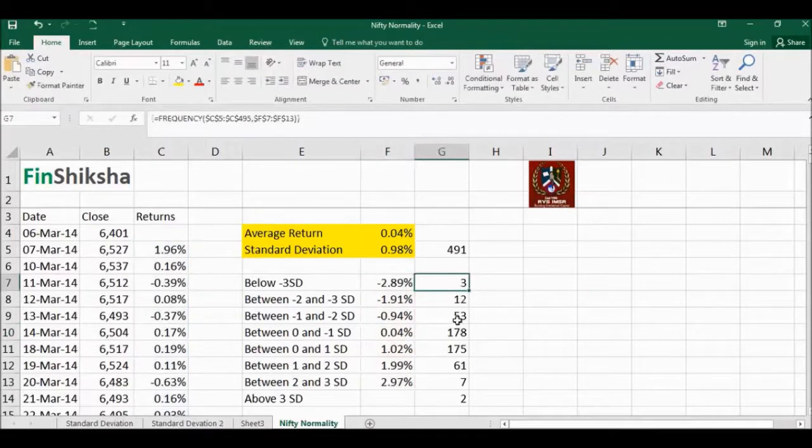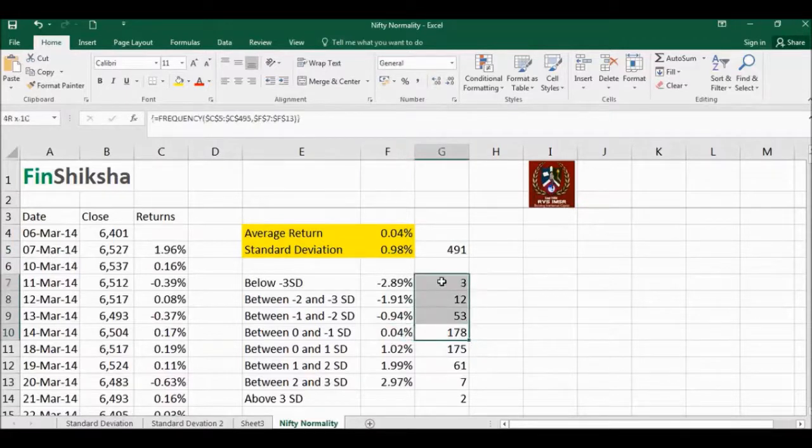We can also use a function called COUNTIF. So we can find out COUNTIF the return is greater than 0.04%, how much of it is greater than 0.04, and how much it is less than 0.04. That's the first test of symmetry. How many data points out of these 491 data points are above the mean and how many are below the mean, right?